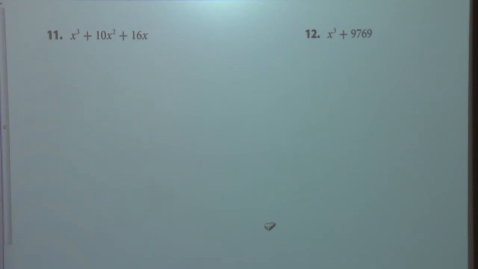What do you divide by? You divide by 1? Okay, so 1, so still 8 and 2.